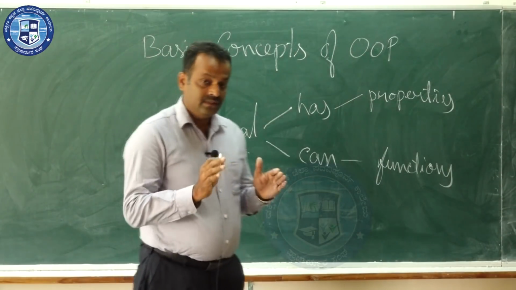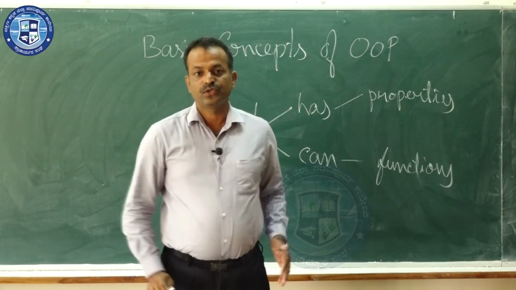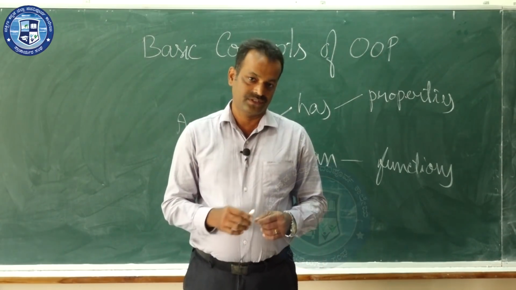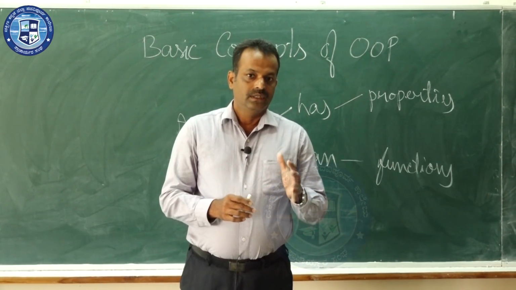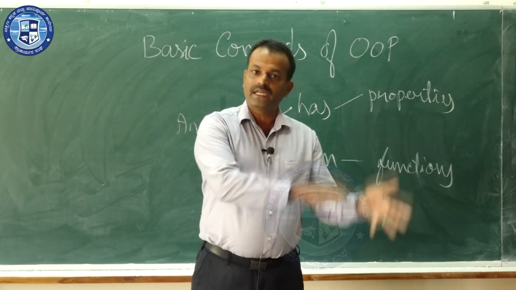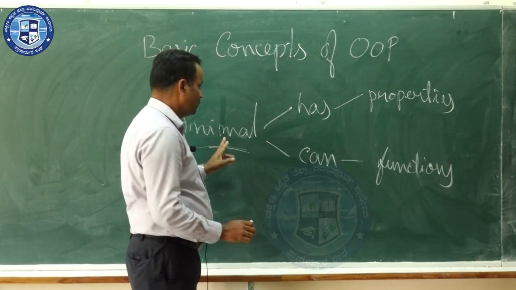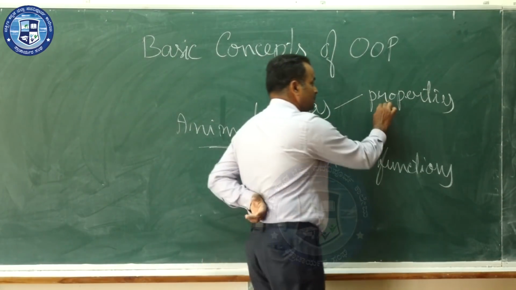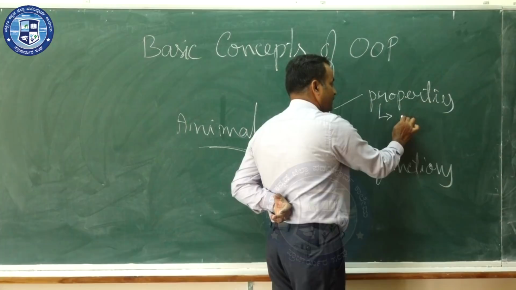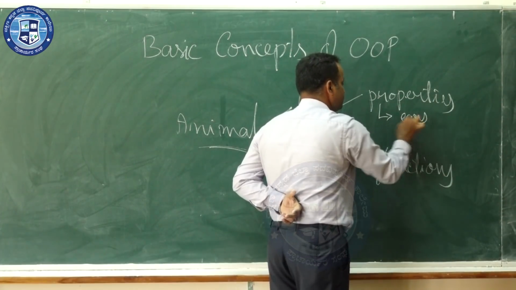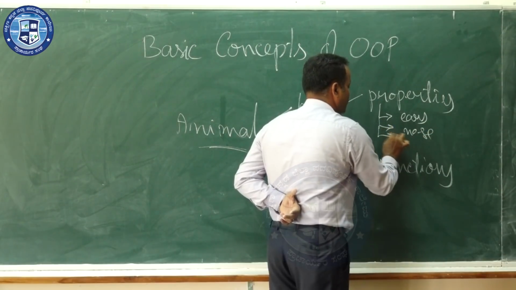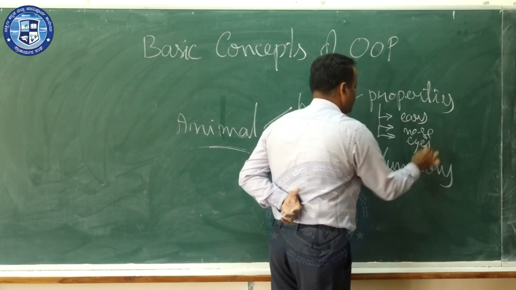Then if I ask you, have you seen a cat? Definitely your answer will be yes, because cat is of the type animal. So animal has some properties. The properties could be ears, nose, eyes.